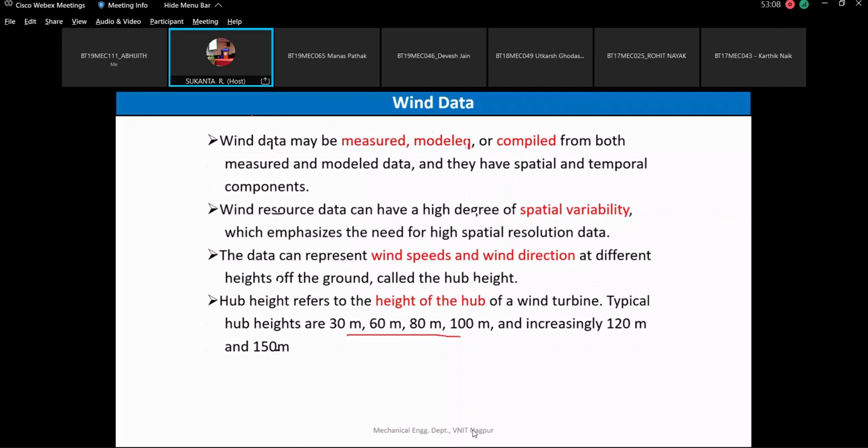Let's say 10 minutes interval, or it may be 1 hour interval also, but we prefer the 10 minutes interval data. Then the date. So it's 1 hour interval data over here.